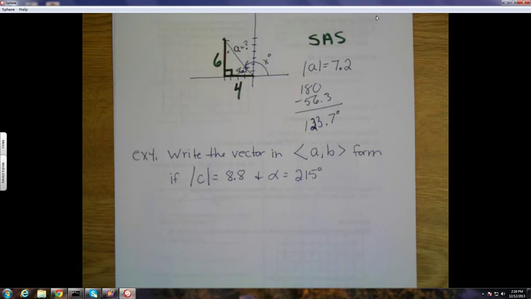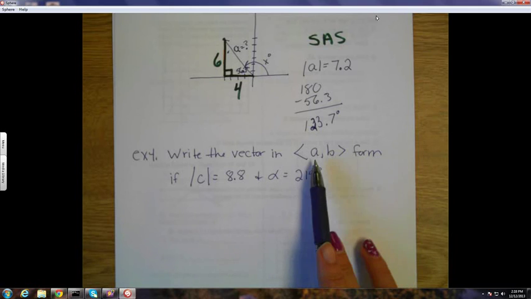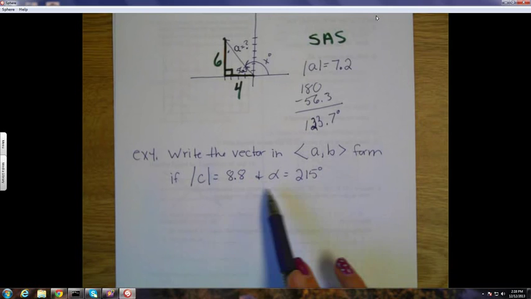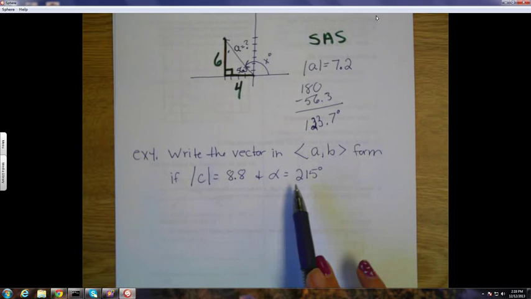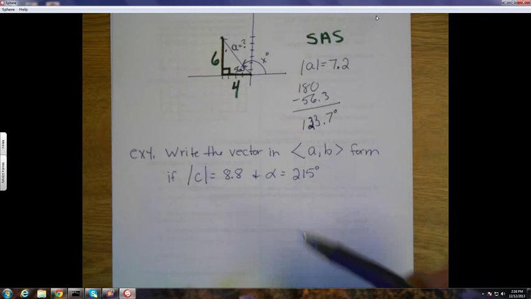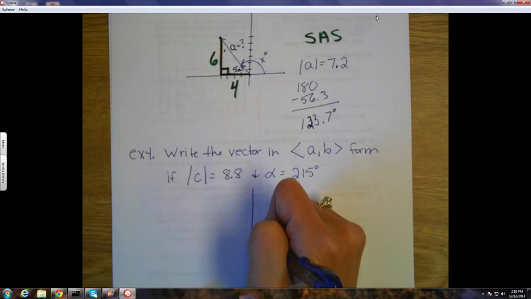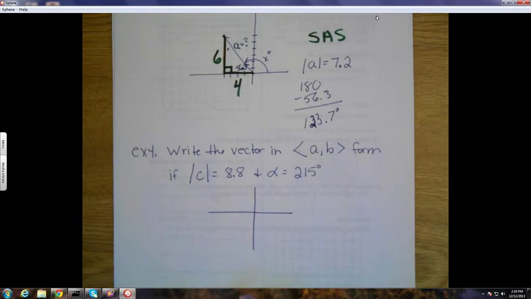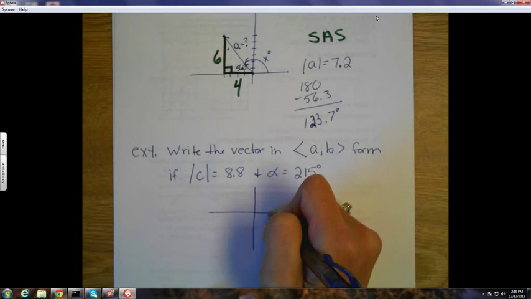Okay, remember the AB is like an ordered pair. I'm looking for the ordered pair, the endpoint of this vector. Well, which quadrant is this vector C in, if it's got a 215 degree rotation? 3? I think so too. Notice how I use all the information and I label the picture. 215 is this rotation.